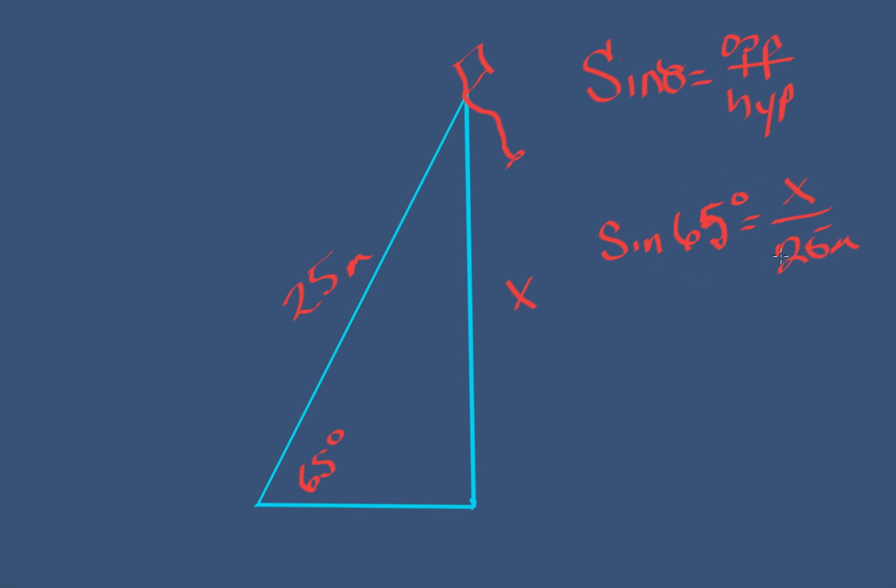Well, how do I get x by itself? I just multiply both sides by 25, and here's what happens. I get 25 meters times the sine of 65.